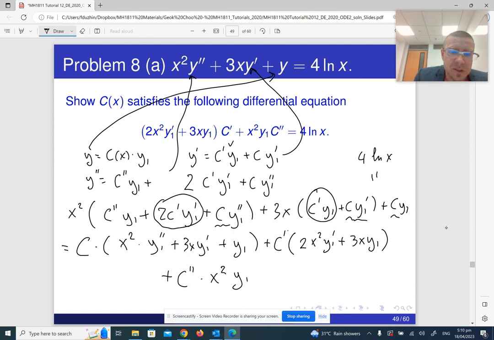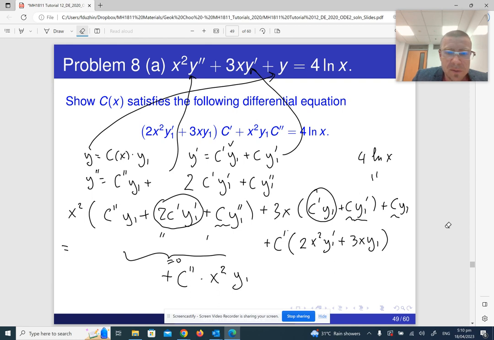Right, but notice that this whole thing is just 0, because we assumed y1 to be a solution of the homogeneous differential equation, which literally means that this is 0. Okay, so I can delete this.